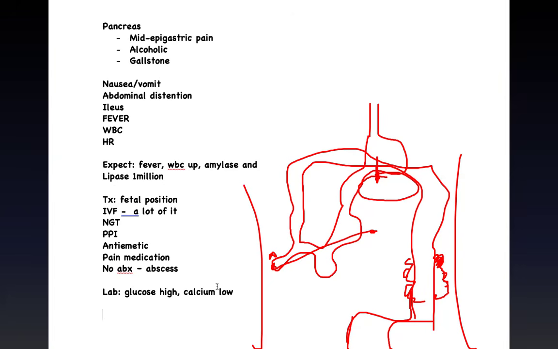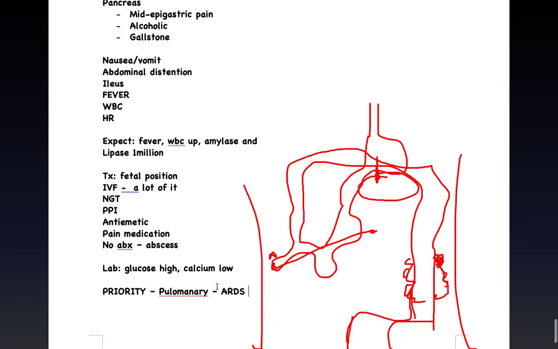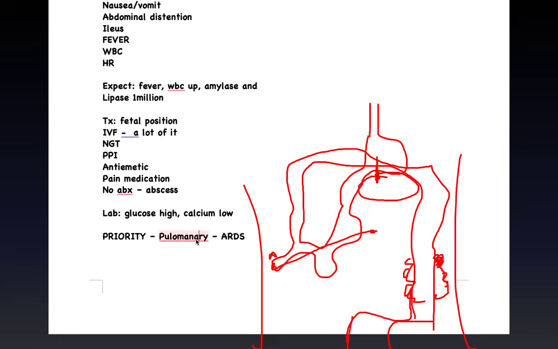Okay, what is your priority? As soon as they start having pulmonary issue from the fluid, so mostly ARDS, acute respiratory distress, this is your priority. Secondly, you can have bleeding issue. The bleeding, because the pancreas is here, it can bleed, and then they will have bleeding near the belly button here.